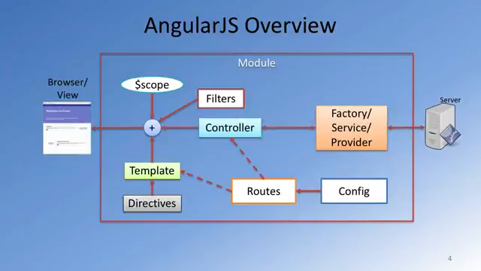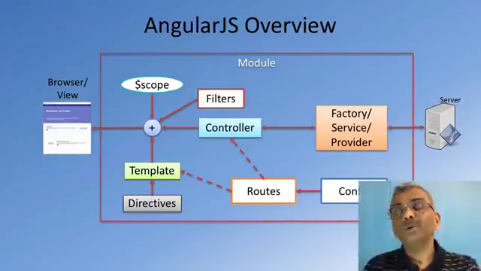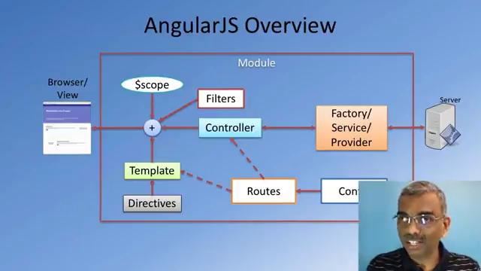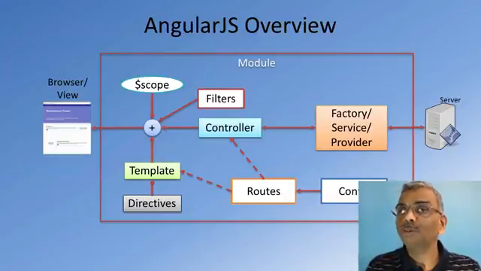So the model part is all slowly being pushed out. The controller is leveraging the model and then enabling you to render the view using the templates and the scope. So hopefully now all the pieces that you have examined in this course have come together into a comprehensive view of all parts of AngularJS.